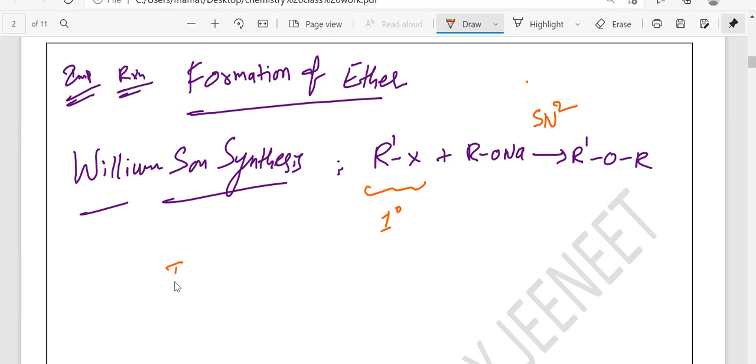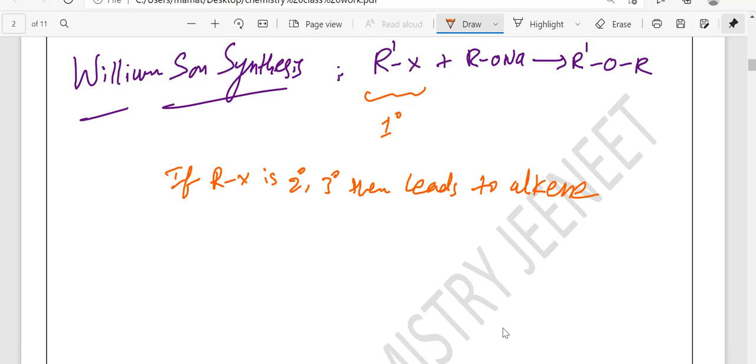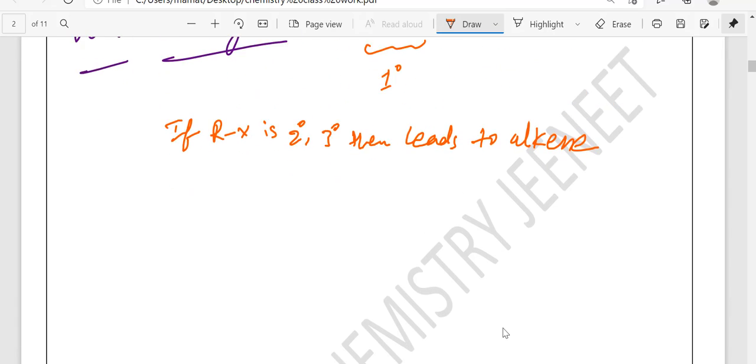Okay, if RX is secondary or tertiary, then it leads to alkene, right? I will take one example here.